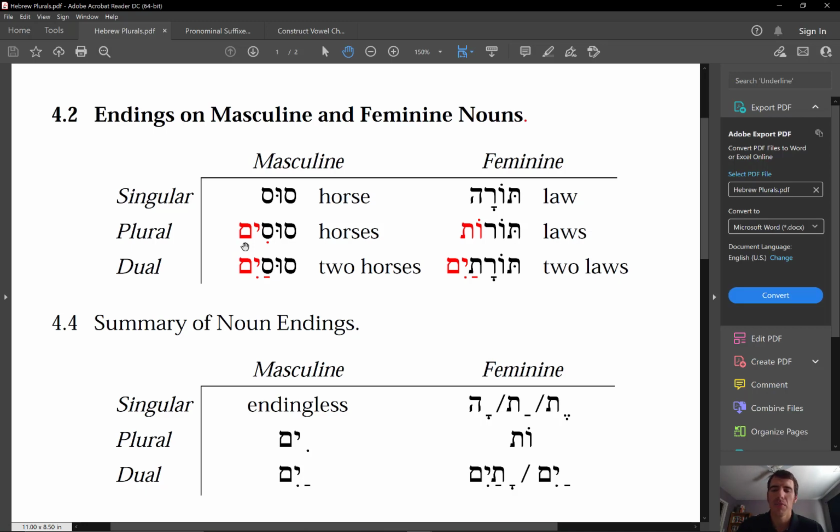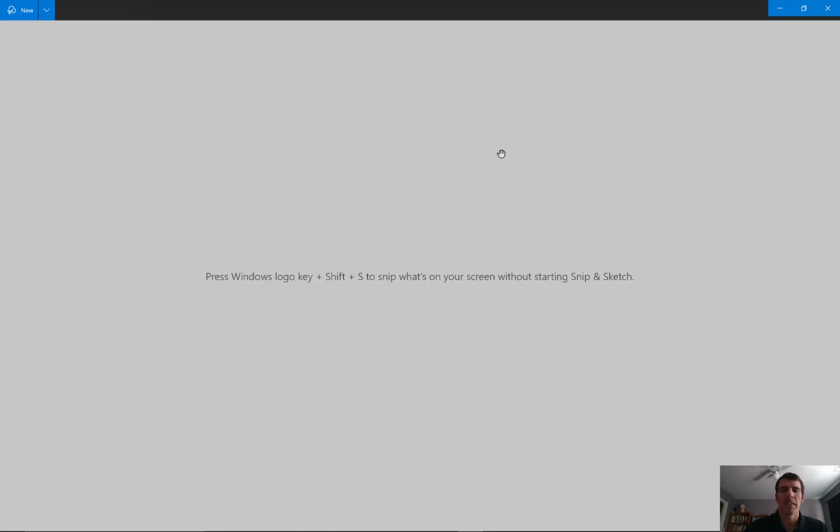Plenty of examples of that. You have ach, the word for brother. Ach becomes achim. You have melek becomes melakim. So this is a very standard practice, obviously. And so that's how we differentiate masculine nouns and feminine, which the feminine plural is often a change from a qamets hey, which is the typical, let's see if I can actually, I think I can just screen capture it and hopefully that should work if that brings it up.